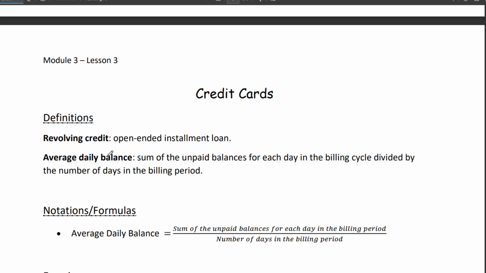So definitions, we have revolving credit, which is an open-ended installment loan. And then we have average daily balance, which is the sum of the unpaid balances for each day in the billing cycle divided by the number of days in the billing period.